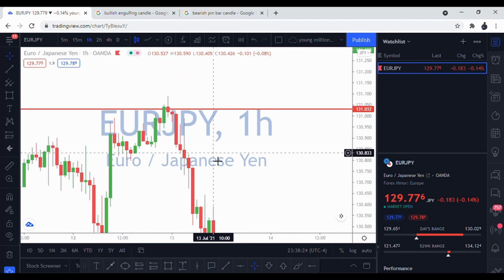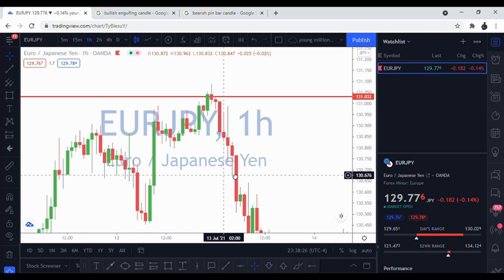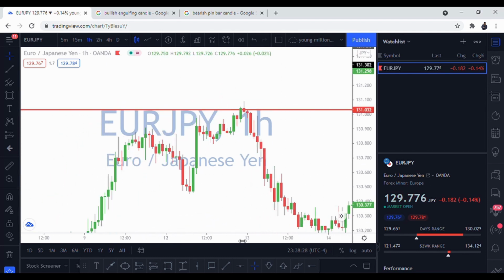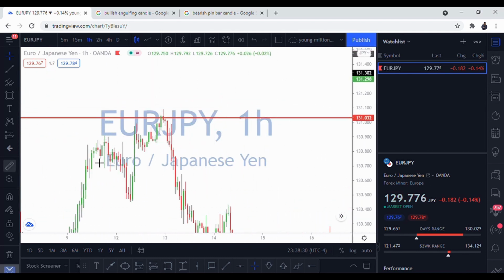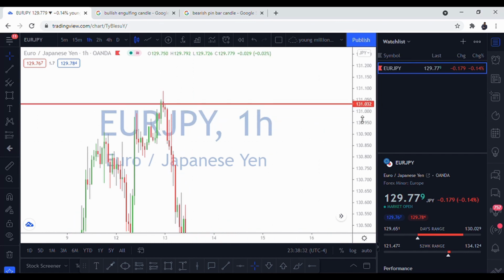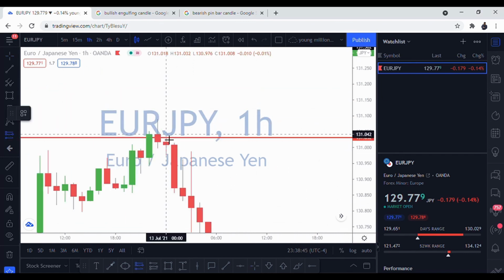So normally how we would enter on this: it's at a zone, and then what we would do is use our short tool. Let's say we closed, or even we stopped and decided we're going to turn over and put it right here.